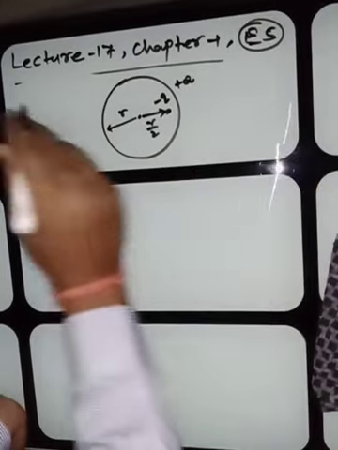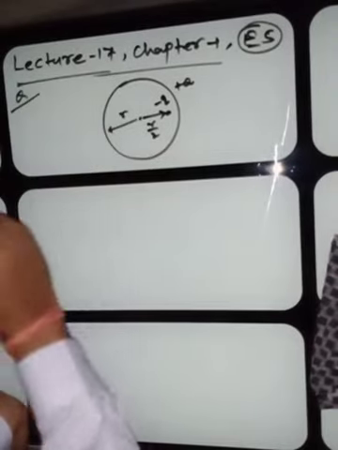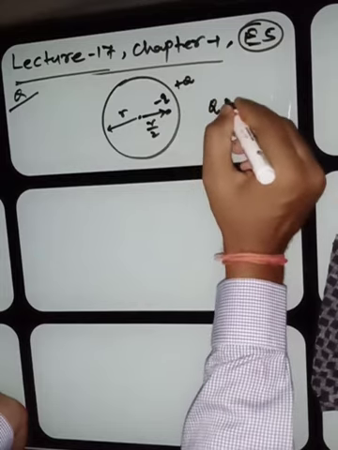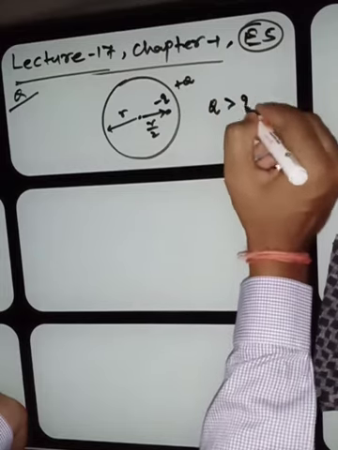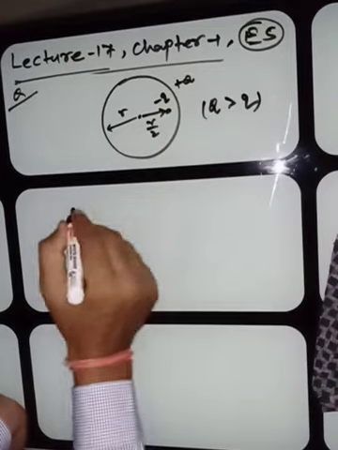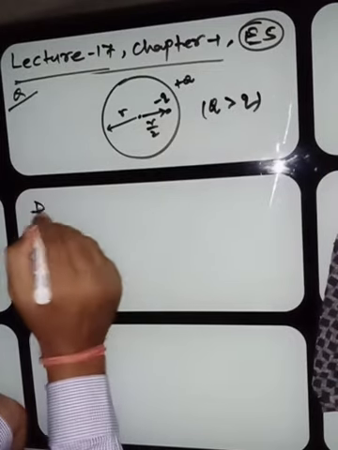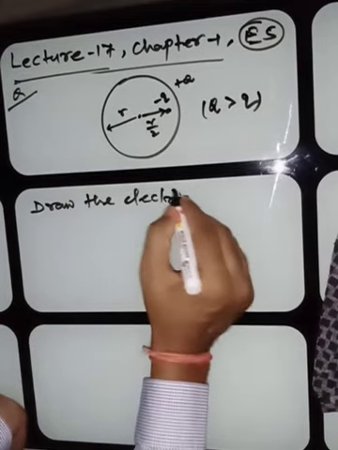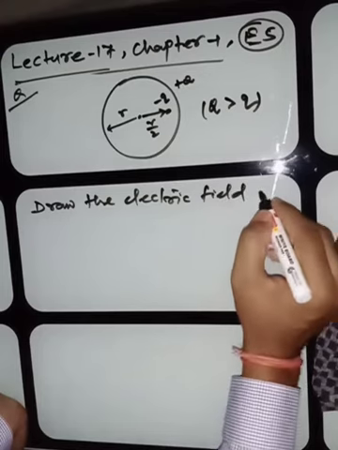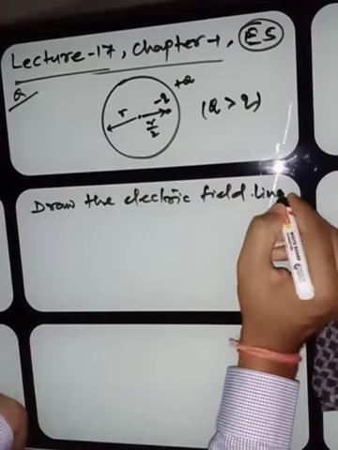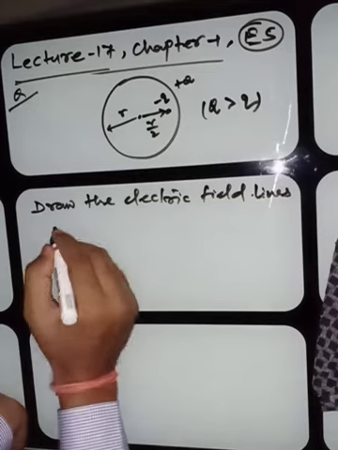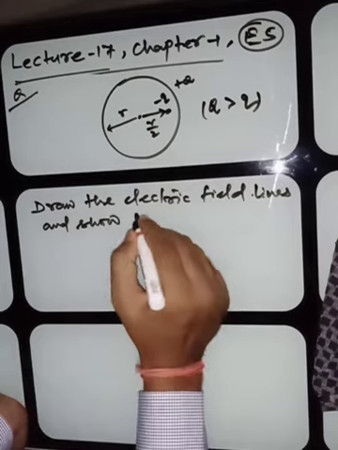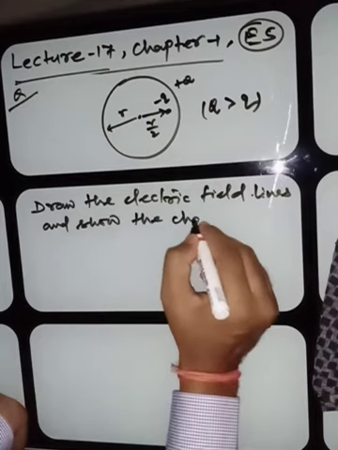The condition I'm giving you is that the magnitude of Q is greater than the small q, and you have to draw the electric field lines and the charge distribution, the surface charge density.